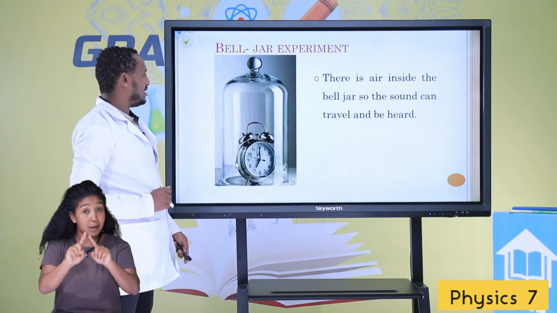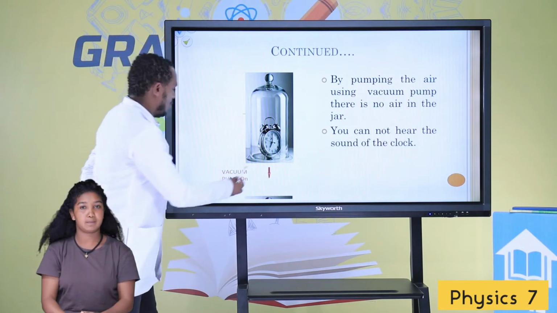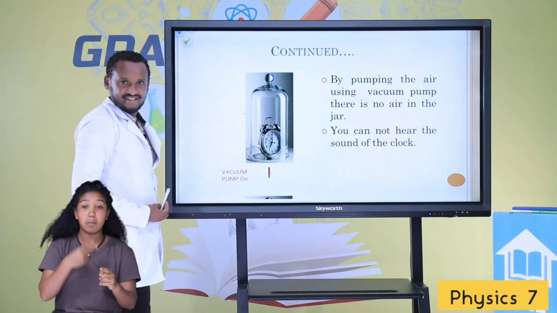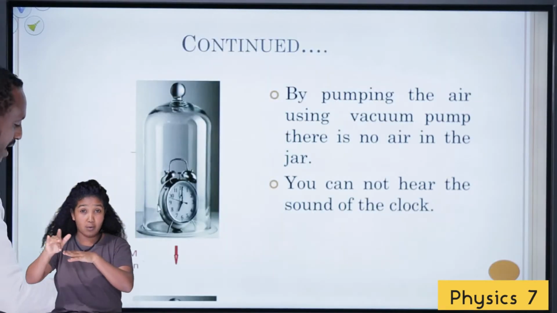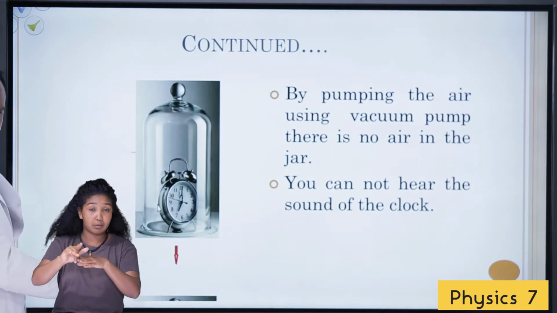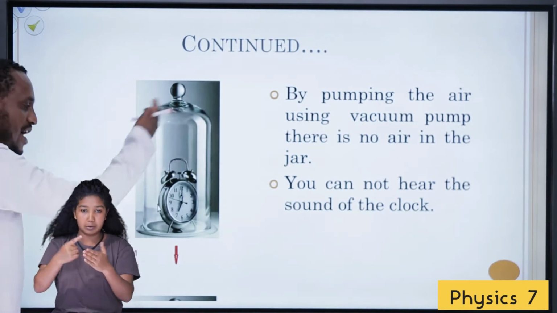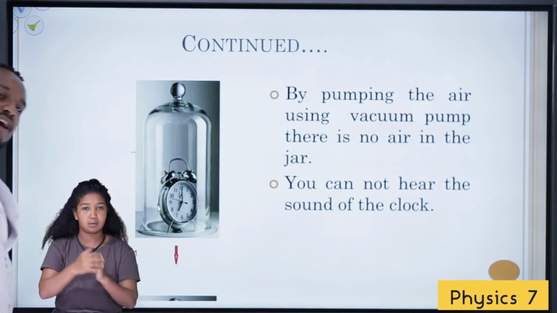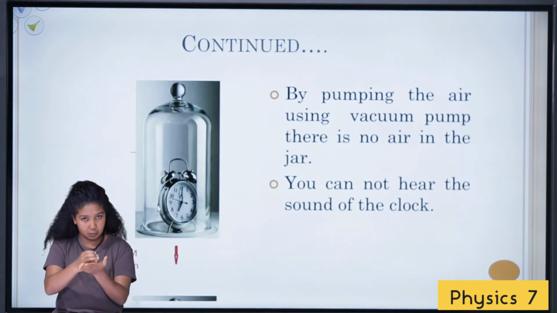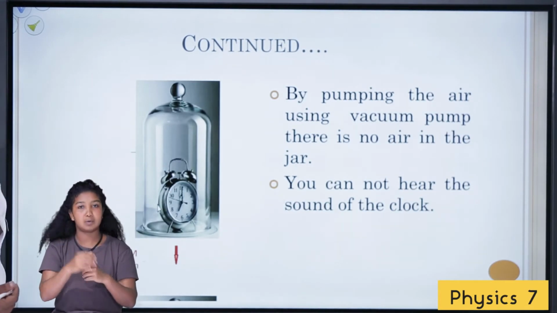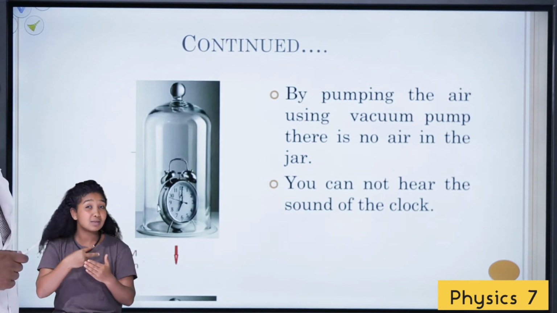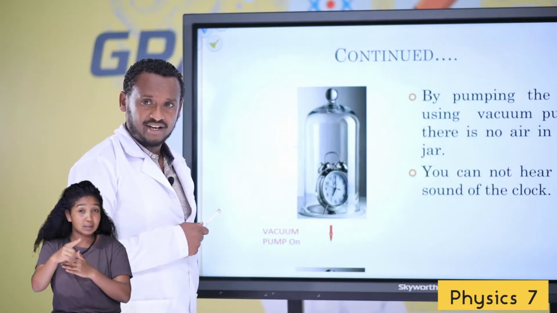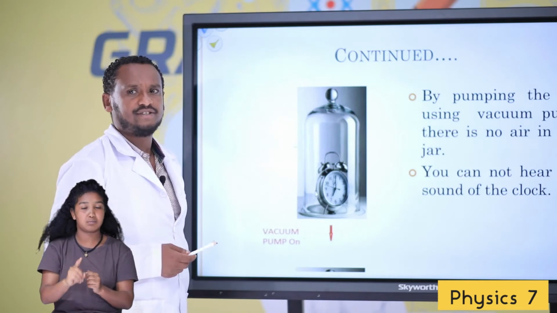But look at this one, students. When you pump the air out by using a vacuum pump, there is no air inside the bell jar. So, do you think you hear the sound outside the bell jar? You are right.